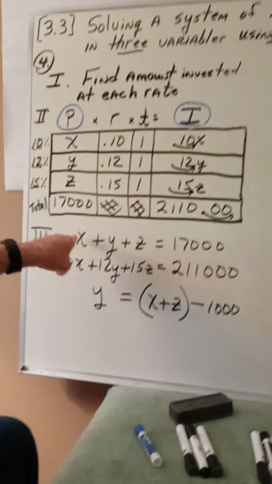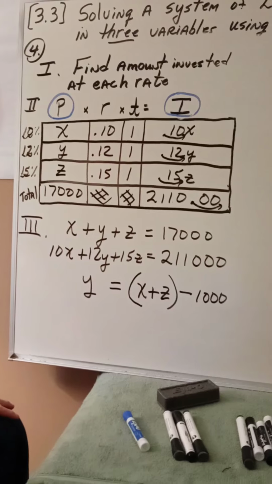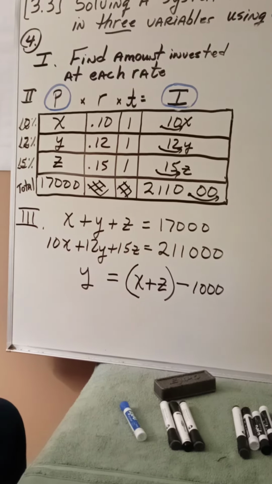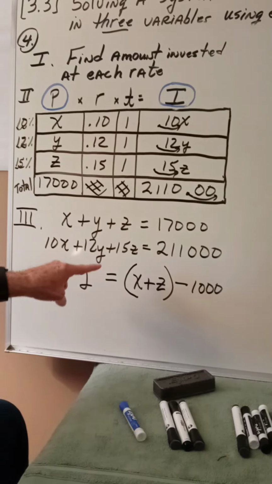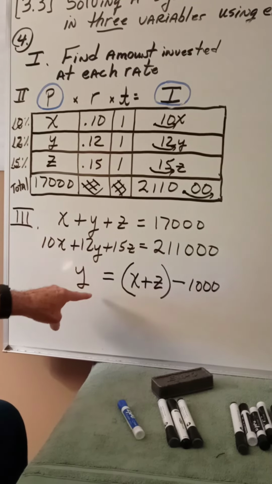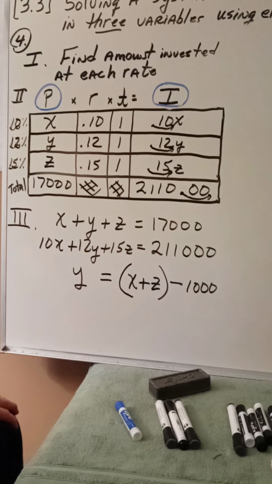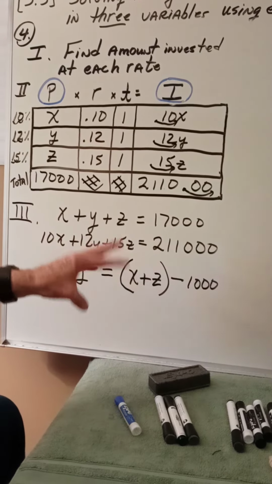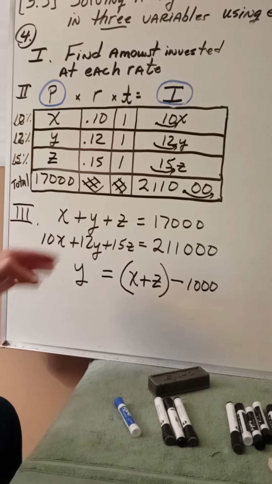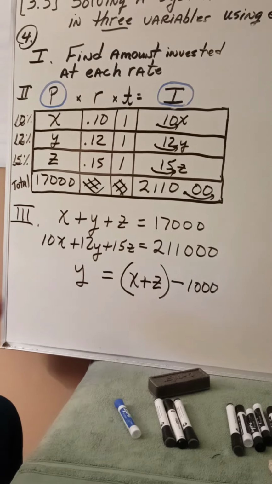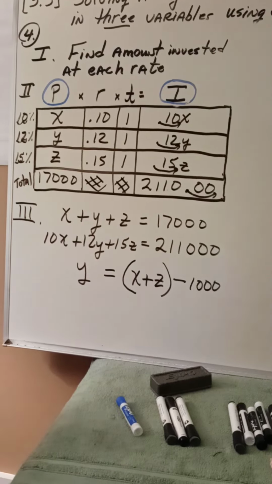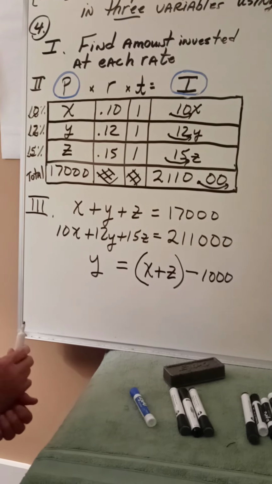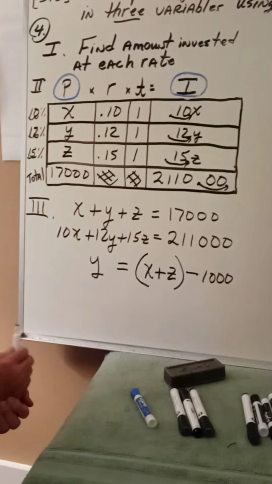Equation number 1 is written in standard form. Equation number 2 is written in standard form. We need to write equation number 3 in standard form. We need to have the x, the y, and the z on the same side and the constant on the other. Now don't get bothered by the parentheses because they're going to go in a moment.